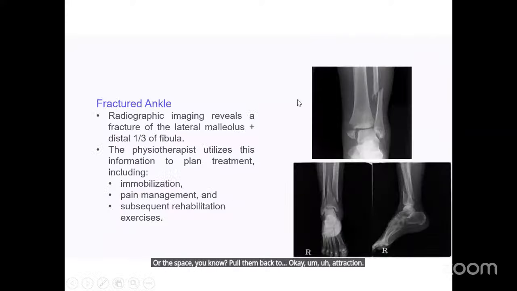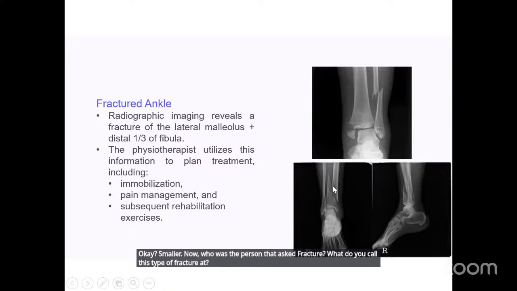Then how about this? Fracture. See, we have a bigger segment and a smaller segment. Now, what type of fracture do we have?